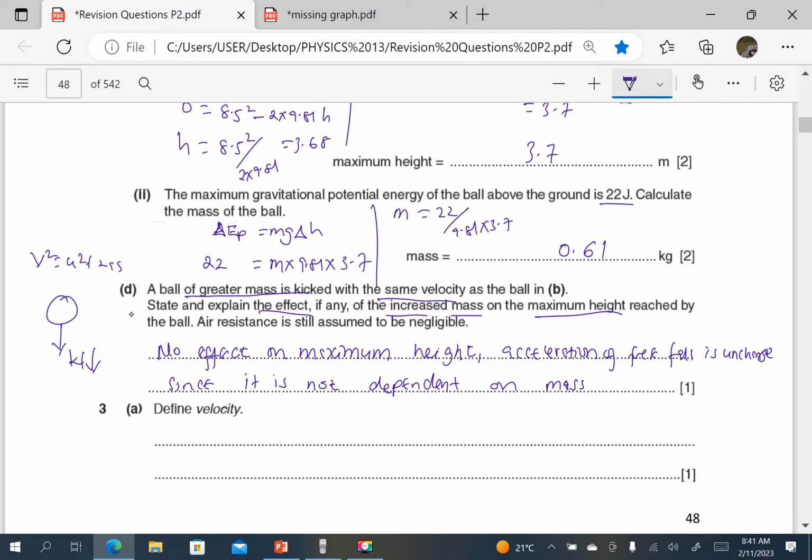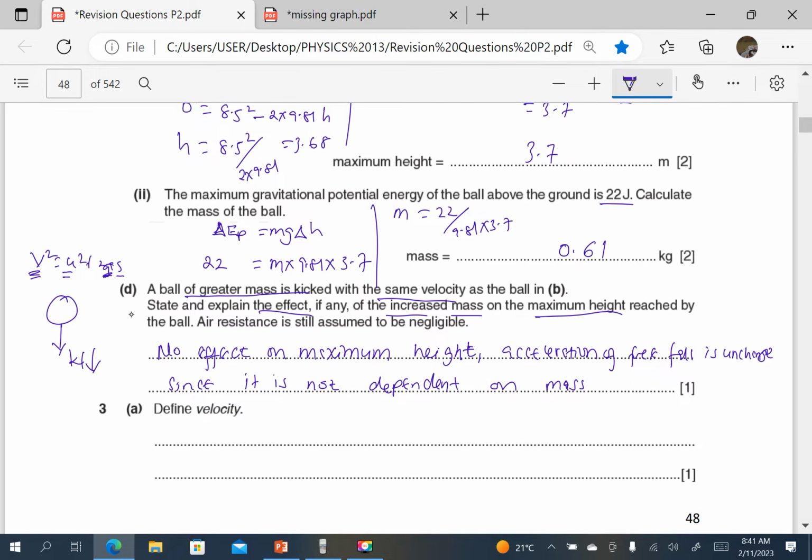Since the acceleration of free fall does not depend on mass, and it is the one determining the height, because velocity is going to be 0 at maximum height and initial velocity is the same, so we want h. h is only being determined by a, yet a is not dependent on the mass, so there will be no effect on the maximum height because the acceleration of free fall does not change.